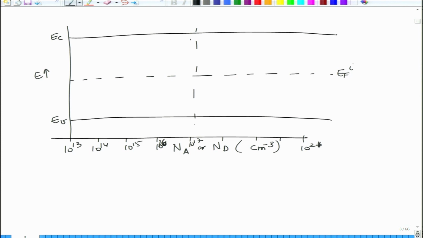Somewhere in this range it is almost a straight line, and from this side also it tends to get very close.